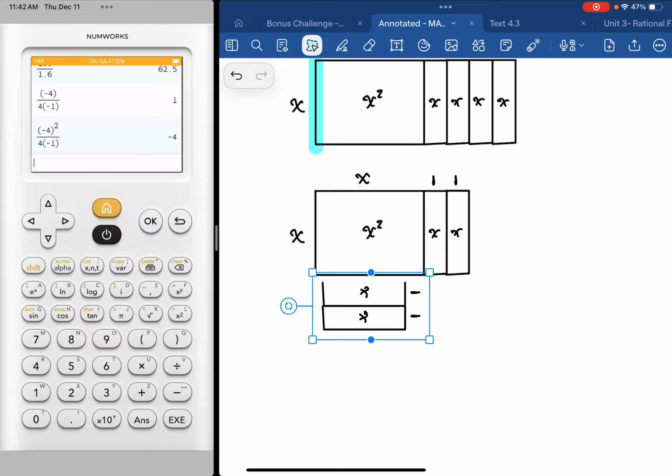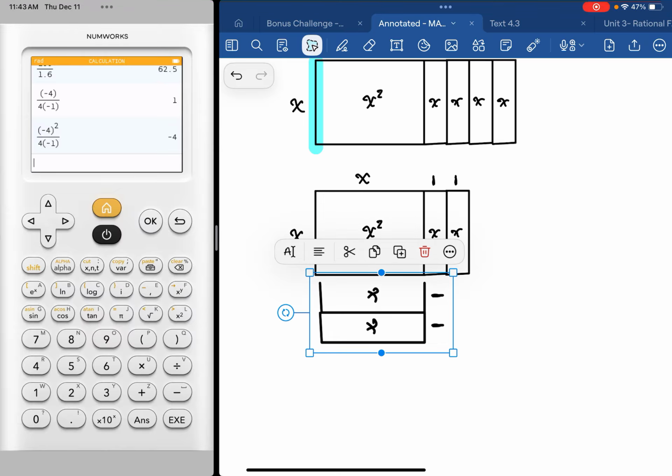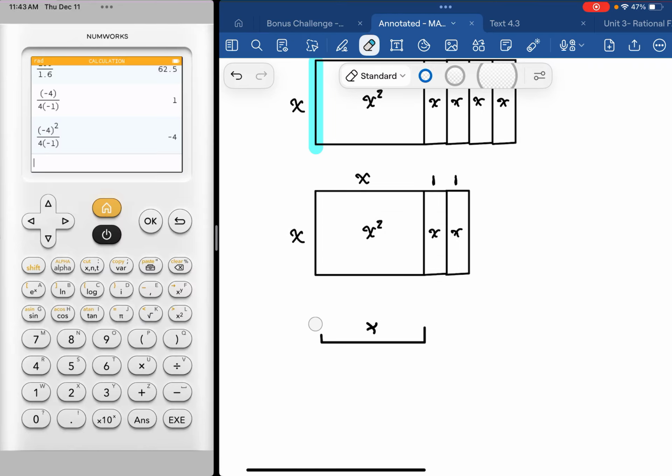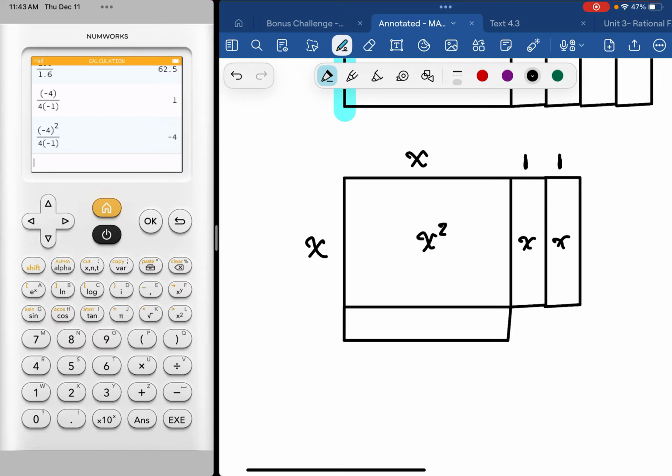Of course, I didn't make my dimensions equivalent, so I'm just going to pretend and hand draw it. I didn't draw a perfect square, and it's still not perfect.